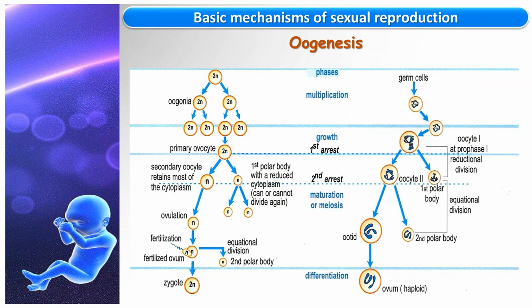Concerning the two polar bodies, their role is to reduce the quantity of chromosomal material in the dividing cells so that we obtain haploid gametes. Also, their formation reduces the number of gametes obtained.